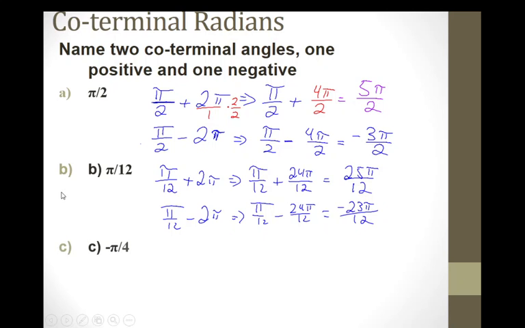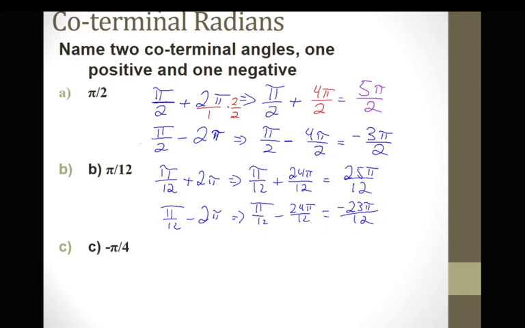And the last one, negative pi over 4. So negative pi over 4 plus 2 pi, and negative pi over 4 minus 2 pi. And again, we got to get common denominators first. So negative pi over 4 plus 8 pi over 4, and negative pi over 4 minus 8 pi over 4.